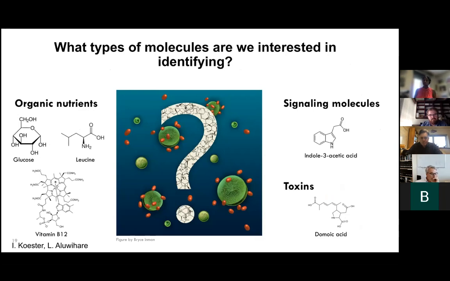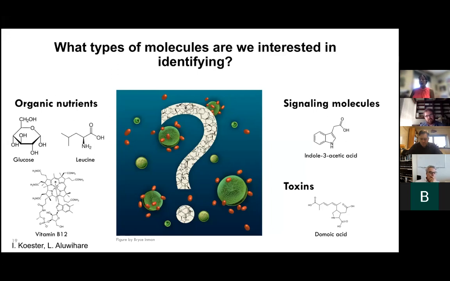You can imagine that organic nutrients are particularly important, maybe in oligotrophic systems. We know that vitamins, for example, are only produced by certain organisms, but required by everyone. Signaling molecules might tell us something about the response of the community to a particular environmental condition, and being able to identify who's producing the signaling molecules would be really fantastic.